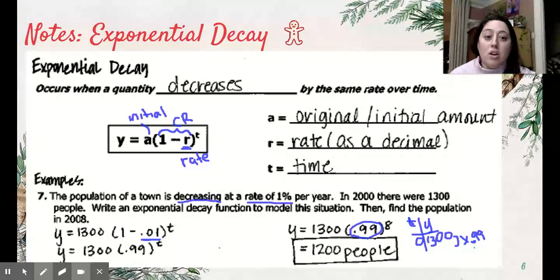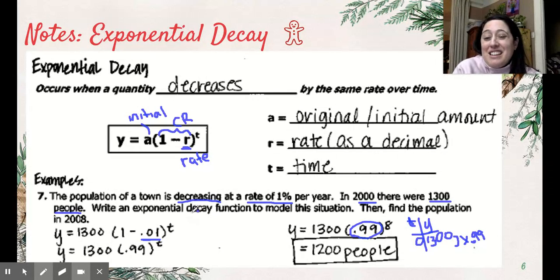All right, so let's just continue reading this. So in 2000, there were 1,300 people. So this 1,300 right here is the amount of people that you start out with. All right. Write an exponential decay function.